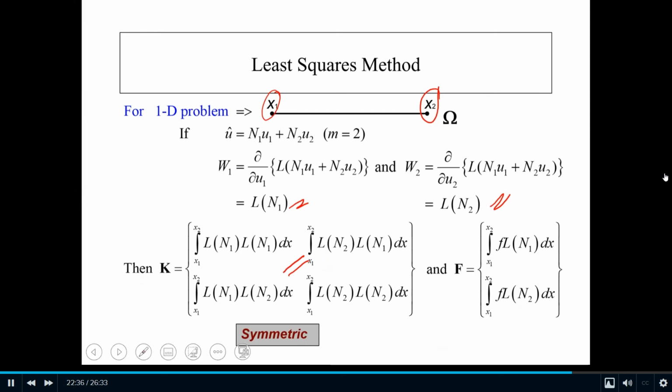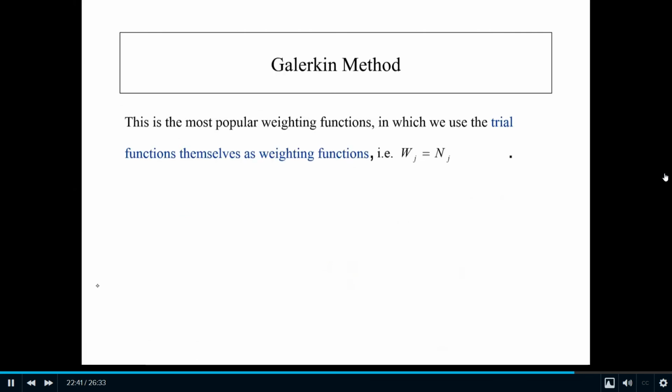Now we have another choice of weight function here. We call it Galerkin, and I can say this is the most popular weighting function. We just select the weight function as the trial function.